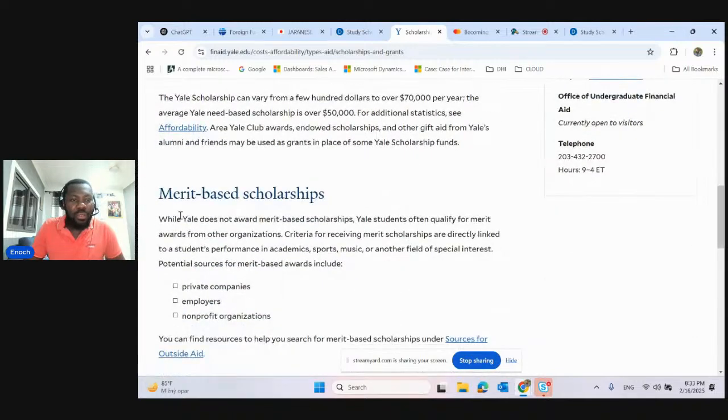And they also have merit-based scholarships, which are given to students with specific qualities, say a student who qualifies for a merit award from another organization. Criteria for receiving merit scholarships are directly linked to student performance in academics, sports, music, or a field of special interest.